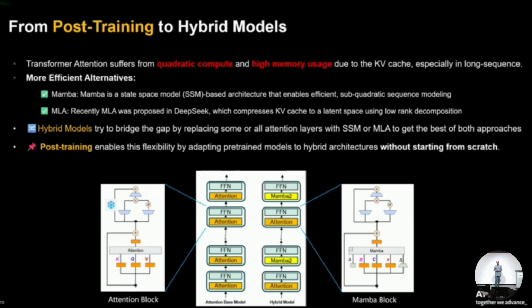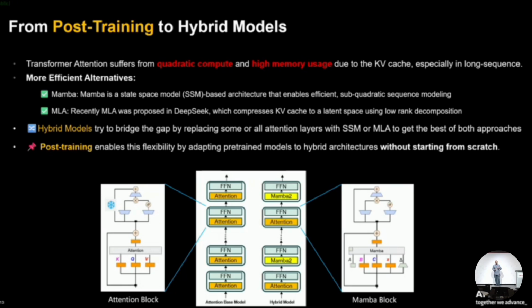We also have other architectures like MLA, multi-head latent attention, proposed by DeepSeek, which is a solution to compress KV cache using a low-rank decomposition approach. So we might be able to replace attention in our architecture with these Mamba or MLA blocks.